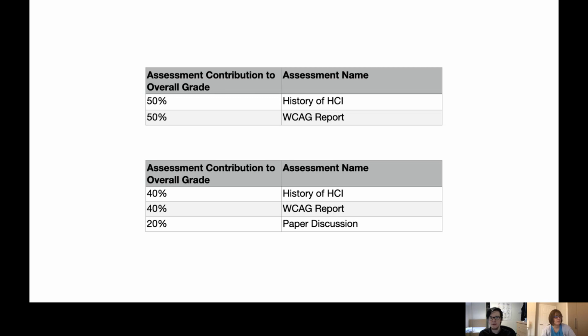Alternatively, there is this 40-40-20 split, in which the two group work assignments are worth 40% each, and then the 20% is an individual paper discussion report, which gives you a chance to show that you can do some work individually in addition to the group work that you'll be doing throughout the semester as well.